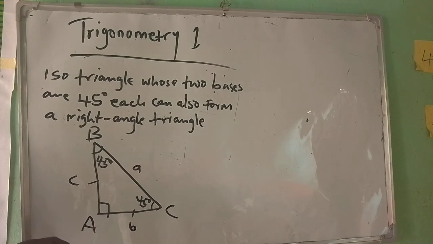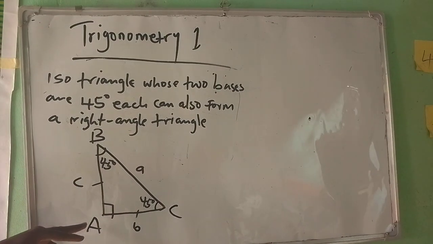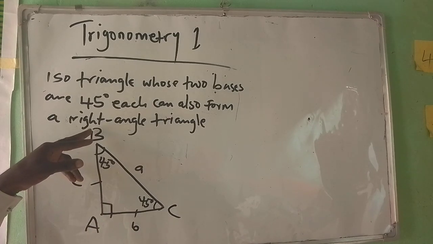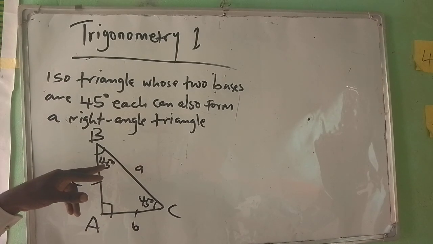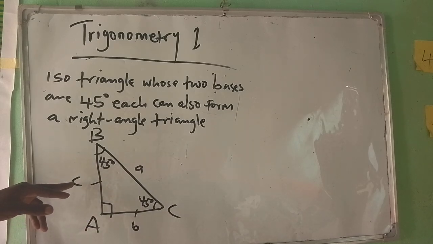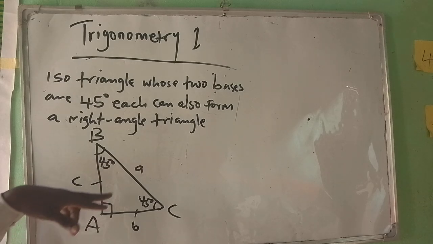Another thing I want to show you here is, as you can see, letter A stands for the angle inside here. Letter B, the bigger letter, stands for the angle inside here, and letter C, the capital letter, stands for the angle. Meanwhile, the small letters stand for the sides, and they are always opposite the angle.